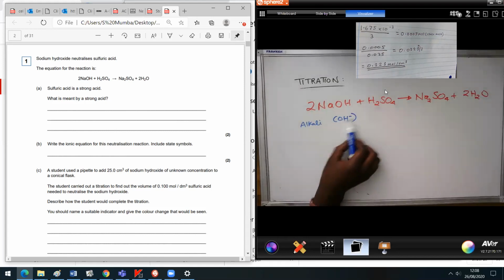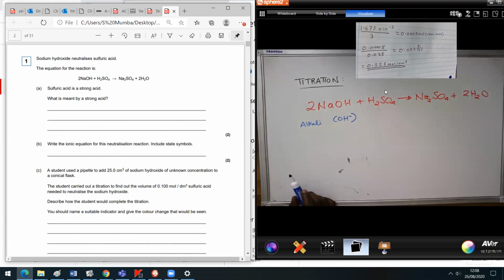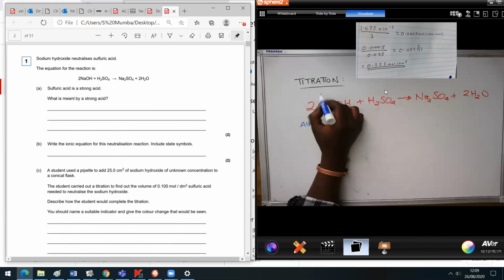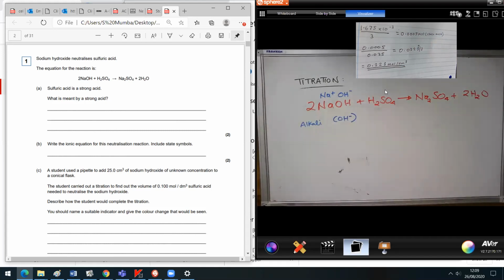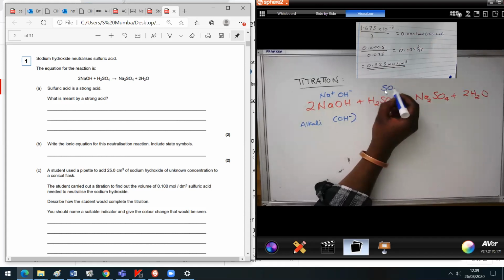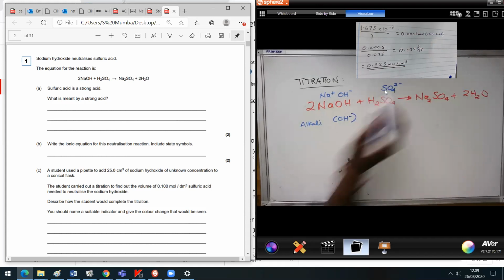If it's a hydroxide, it will have that there. So I can rewrite this in terms of its ions. The ions that make sodium hydroxide are composed of Na+ and a hydroxide ion. The ions that make up sulfuric acid, well, this is also an ion. It's a sulfate ion, and it's got that charge there.